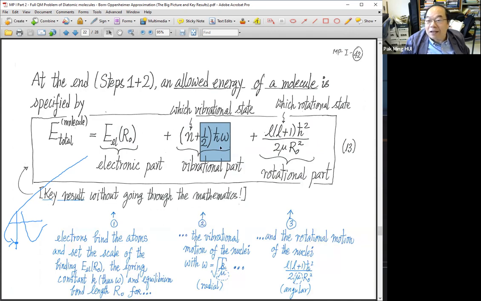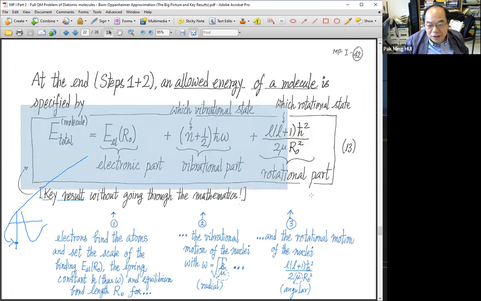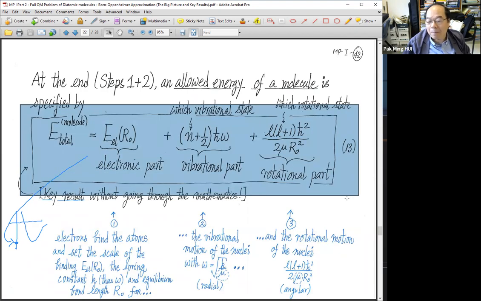But the first excited state will be this number plus this plus L equals 1, which is 2 times this thing. I mean, 2 h bar squared divided by 2 mu r0 squared, and so on. So now we have solved the full molecular problem by the Born-Oppenheimer approximation, in a pictorial way. But that is the essence of the physics. Get me?